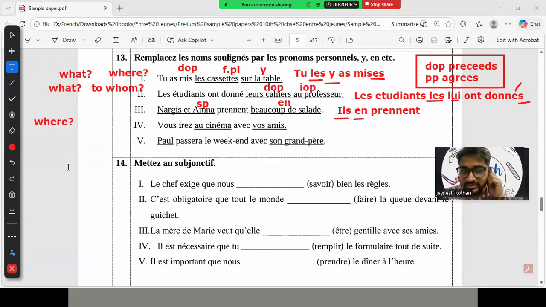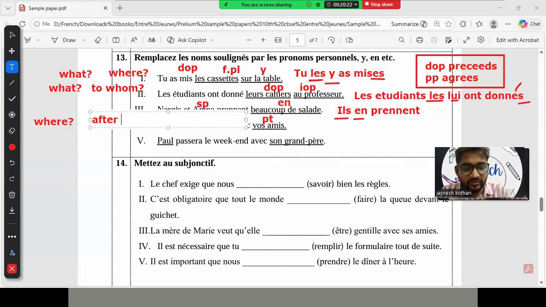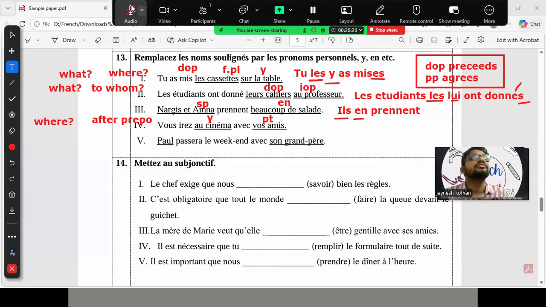And students, this avec vos amis is your pronom tonique. Okay, this is the pronom tonique. Over here, this is Y. Can you tell me why it is a pronom tonique? Reason? So after a preposition, whenever this happens, it is a pronom tonique.